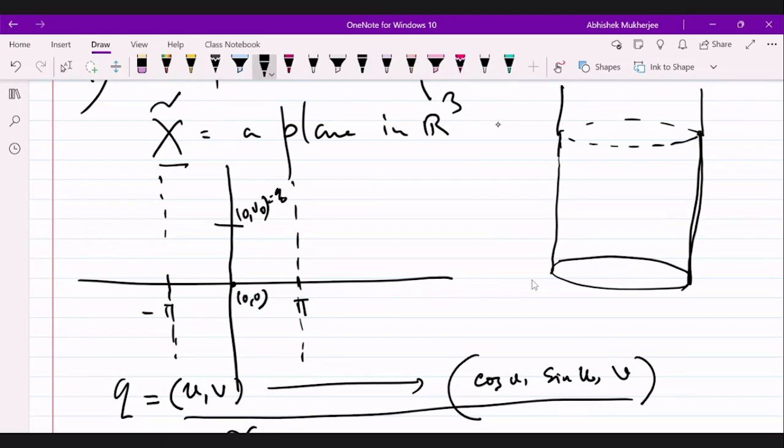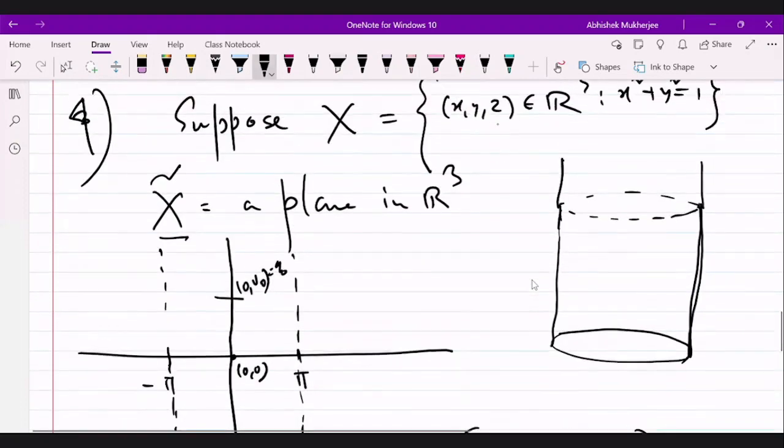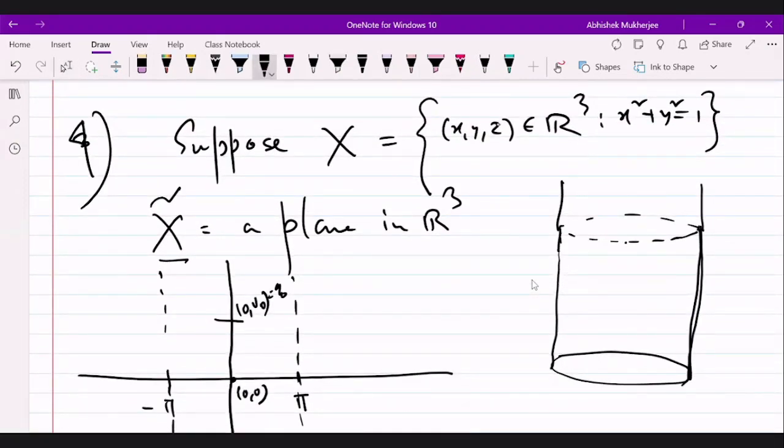Then p of q naught is some point above v naught. That means it is here.